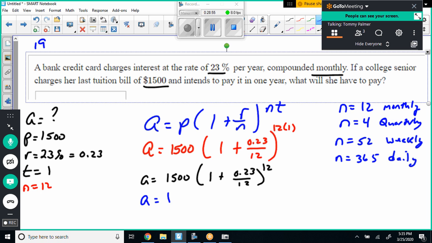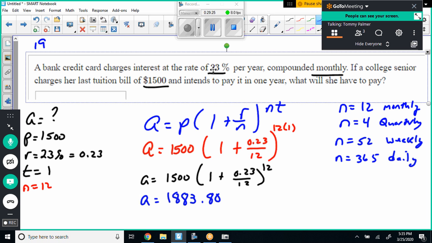So that one bill is going to cost us $1,883.80. Credit cards charge annual APR of about 20 to 22%, and they compound it monthly.